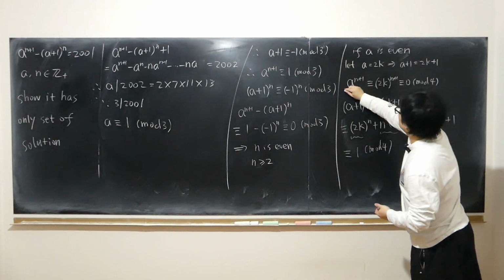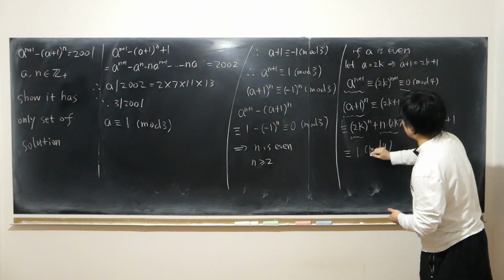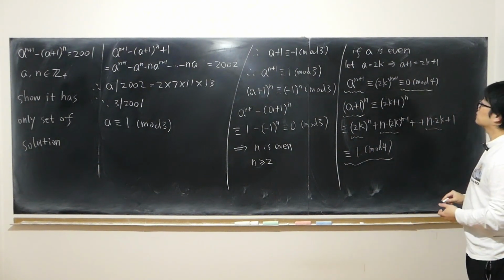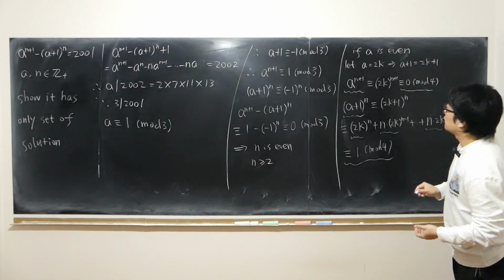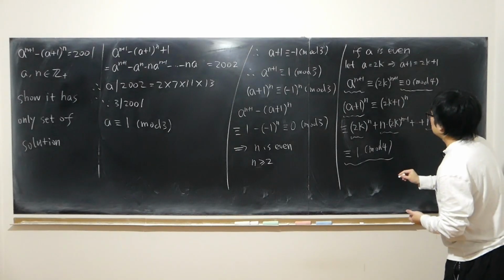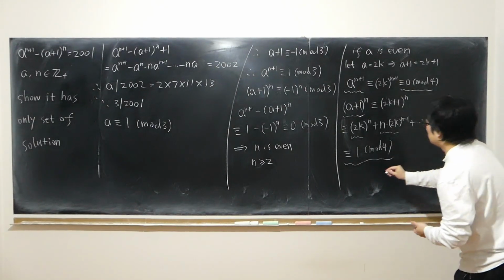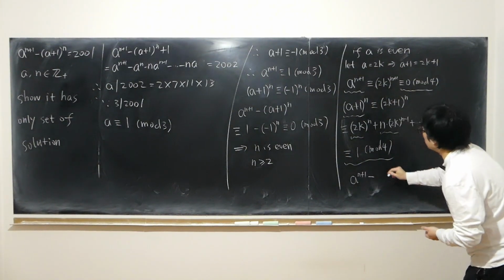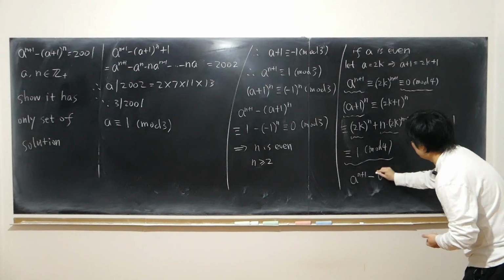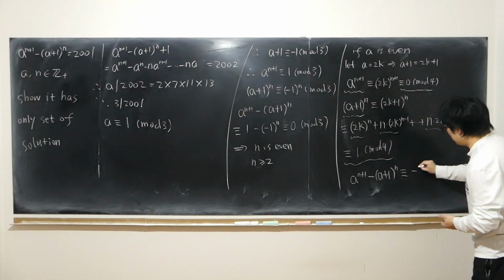So like I said, this is congruent to 0 mod 4, and this is congruent to 1 mod 4. If we take their difference, a to the n minus (a plus 1) to the n, so 0 minus 1, negative 1.